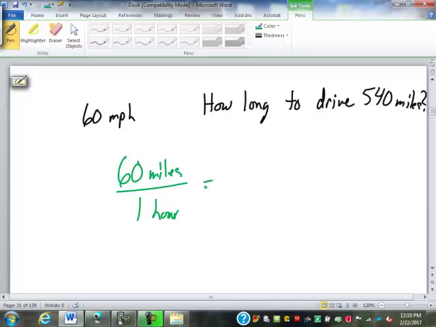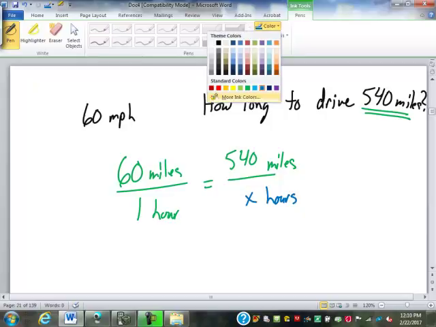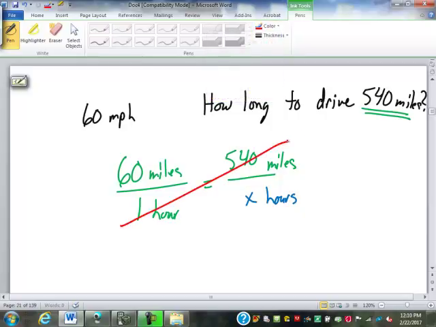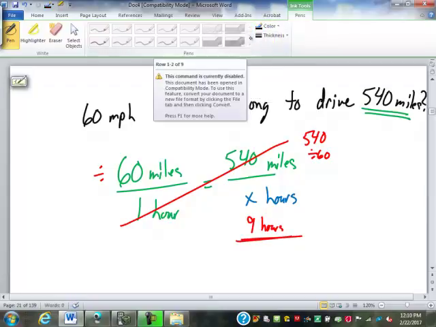So putting it in that form now is going to help us calculate. On the other side, the 540 is miles, so that has to go on top with the 60. And we are looking for the hours. So that's what's going to be on bottom. So we cross multiply. 1 times 540 is 540. Divided by the 60 gives us 9. So it would take 9 hours to drive 540 miles.